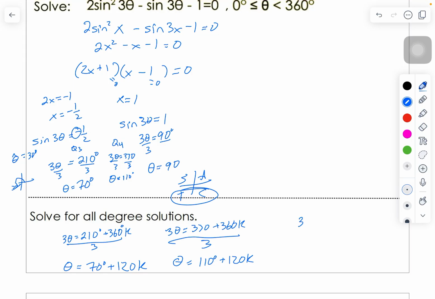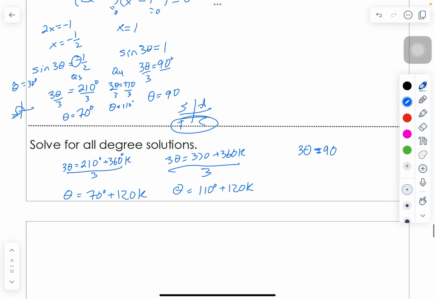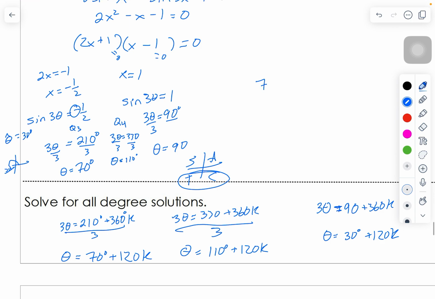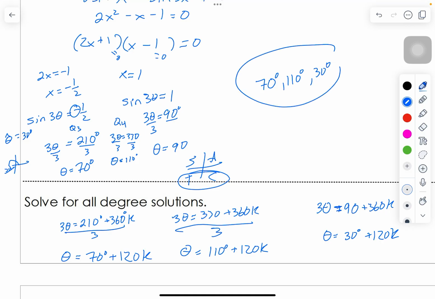I've got 3 theta is equal to 90 plus 360, or if I divide by 3, theta is equal to 30 plus 120. So from the very beginning, my 3 angles are 70, 110, and 30. That's from just the general, keeping it within the one circle.